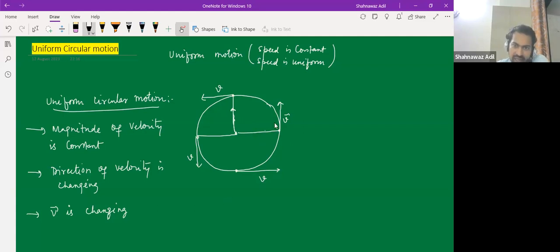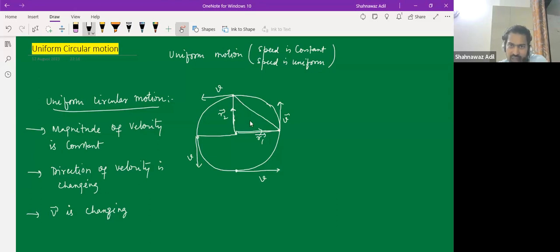Okay, and let's say that the object started from here. So this is the R1 position, right? And then it reached here. So this is the R2 position. So what is the displacement that it covered? This is the displacement, right?